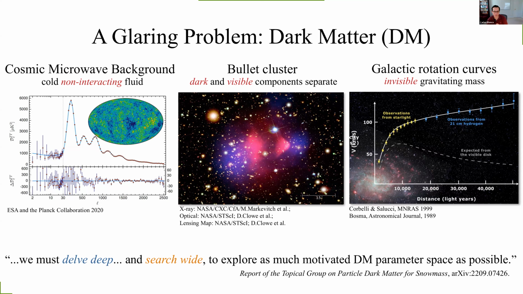We can color that, and we can see that it clumps together in the center. At the same time, we can ask, where is most of the actual matter? We can map that using gravitational lensing, and we can color that in blue, and we see that it's passed through without really slowing down.